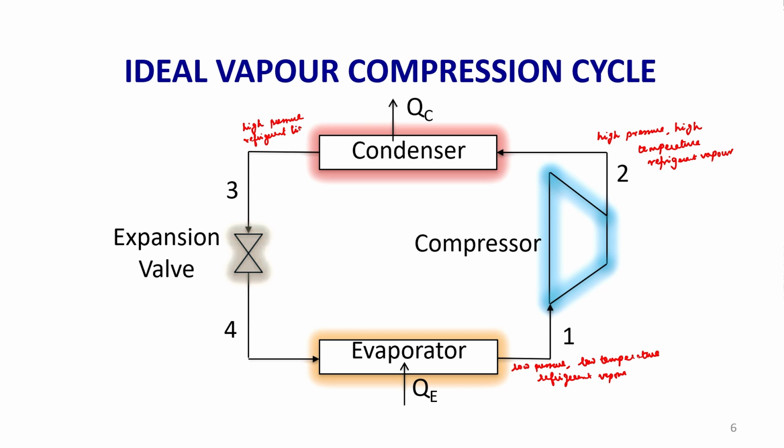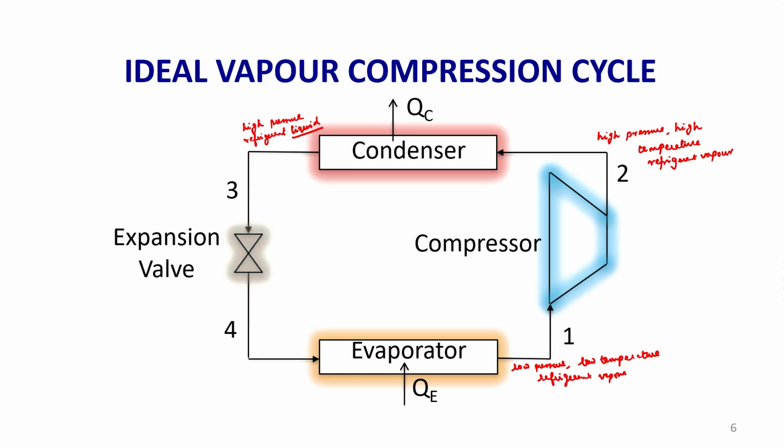There is a phase change from vapor to liquid, and during the process the latent heat is removed by the coolant. Normally in the case of small capacity systems, air is used to remove the heat.